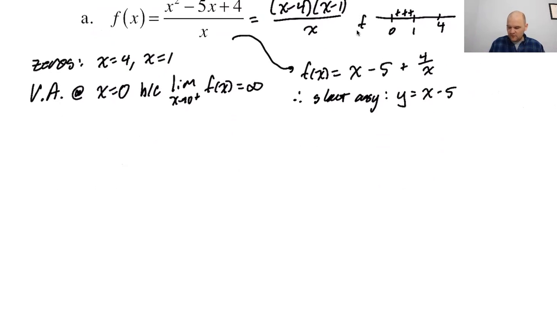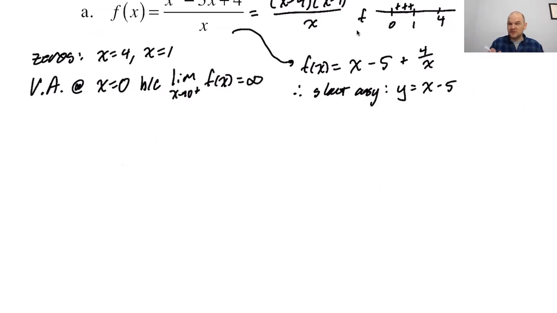I actually think this form of f of x that we found when we reduced it for the slant asymptote is the best way to find the derivative. So maybe I'll change color because I'm on a new level, right? So f prime of x is going to be 1 because the derivative of x is 1. The derivative of negative 5 is 0. I'm thinking of 4 over x as 4x to the negative first. So its derivative is negative 4x to the negative second. So minus 4x to the negative second.